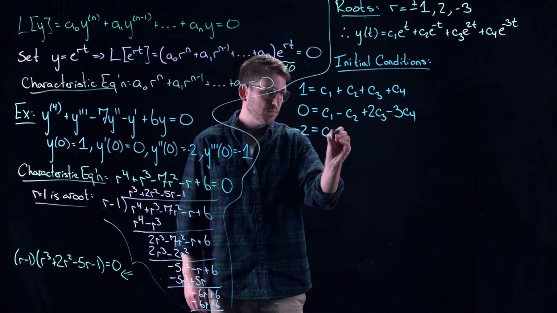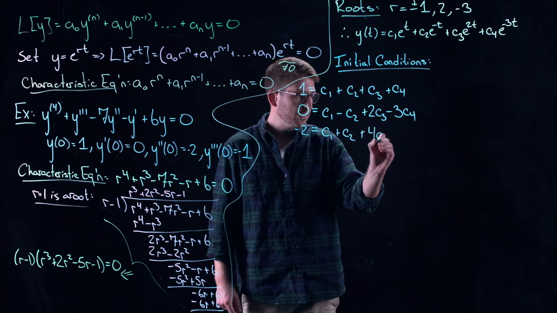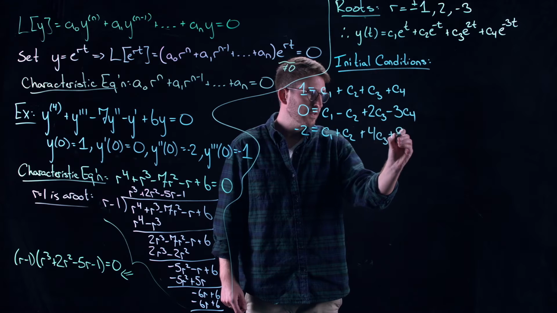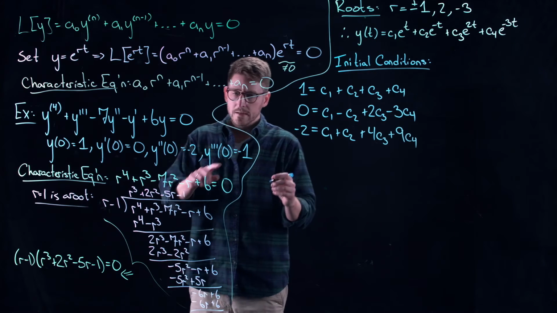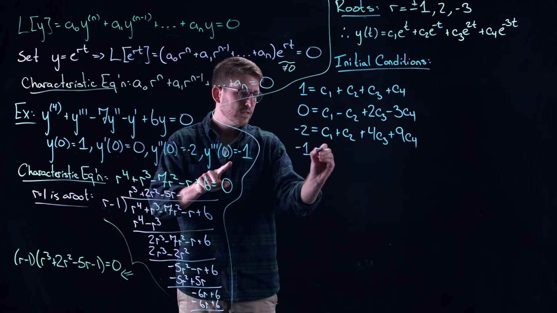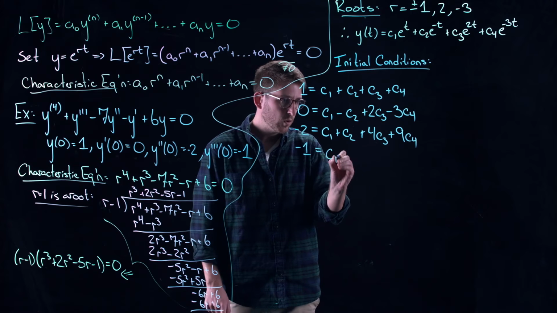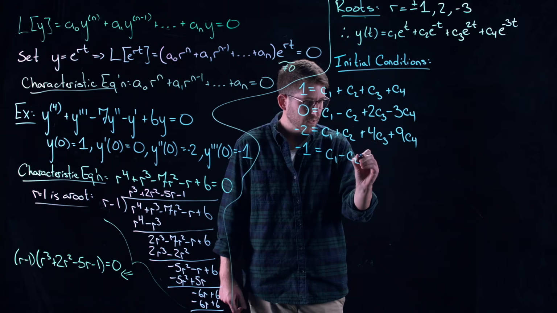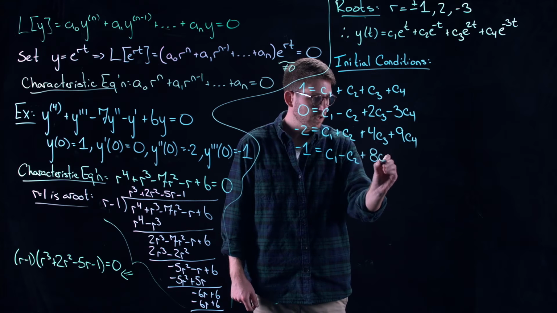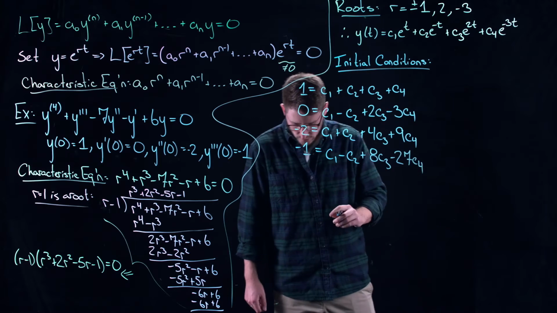So I get c1 plus c2 plus 4c3 plus 9c4. And then the last one, minus 1 is equal to c1 minus c2. Just taking the third derivative, evaluating at t equal to 0, and you get this big, ugly equation.